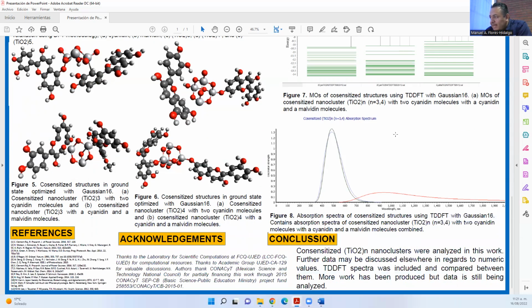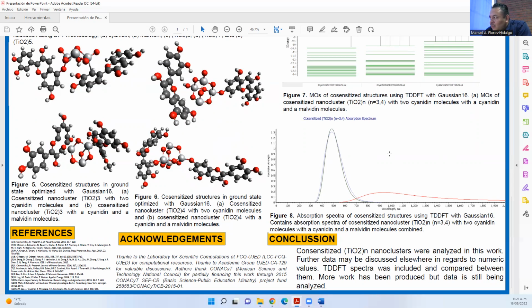The same way, we got the absorption spectra to analyze how the system changed when we used the combination of molecules. And we see in red here how there is a huge change when we use the combination of the two different molecules.